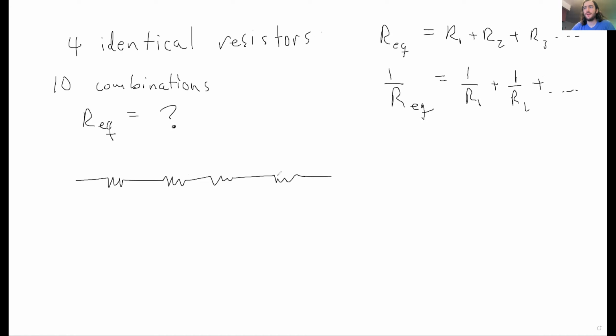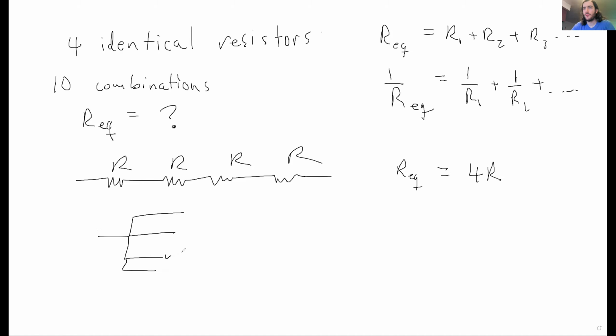They're identical resistors, so they'll all have the same resistance, R. So for this one, REQ would be what? R1 plus R2 plus R3 plus R4. Yeah, so if they're all R, it would be 4R. 4R, right? And then if you had them all in parallel like this, do we know what it would be? It would be 4 over R.